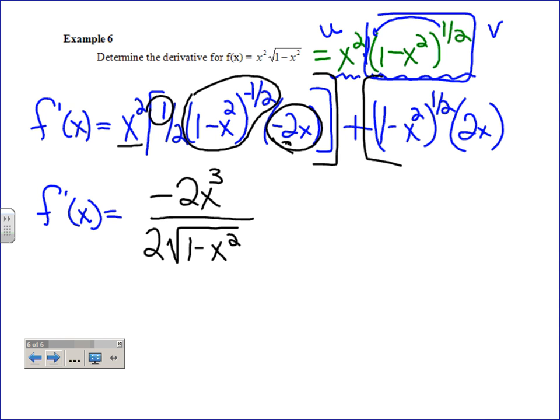All right. So those 2 canceled. And so we'll make it a little smaller here. There we go. So it's negative x to the third over the square root of 1 minus x squared.